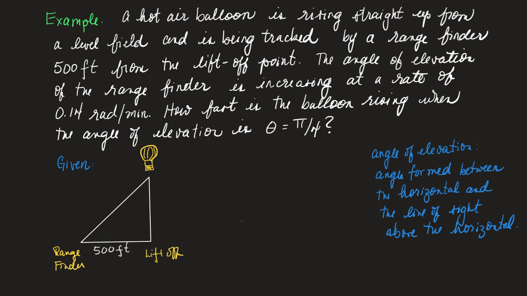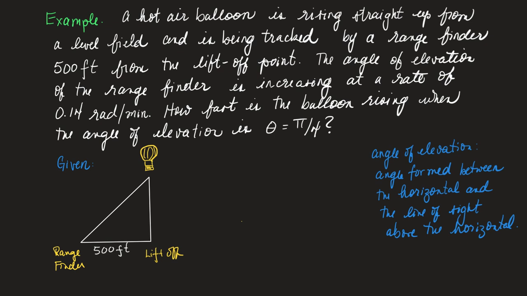Now, the other things in this problem are changing, so they need variables. Now let's see. We're given that the angle of elevation of the rangefinder is increasing. We're given the rate at which it's increasing. Now, what is the angle of elevation? I've written the definition for you. It is the angle formed between the horizontal and the line of sight above the horizontal.